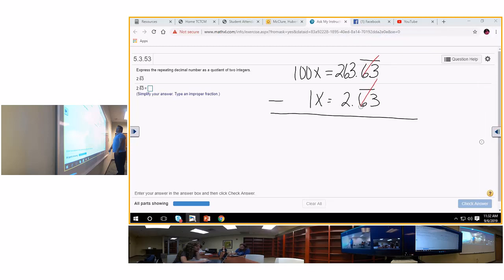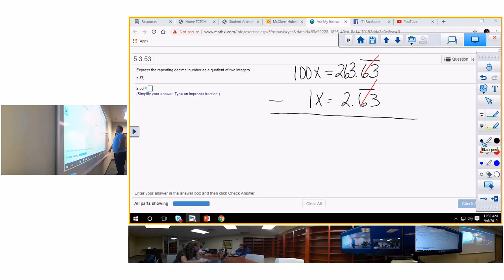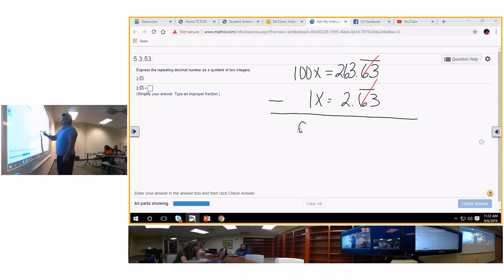It cancels. And now you have 99x. And please don't be like your teacher and forget to subtract this. Is equal to 260 what? 1. And now divide by 99.